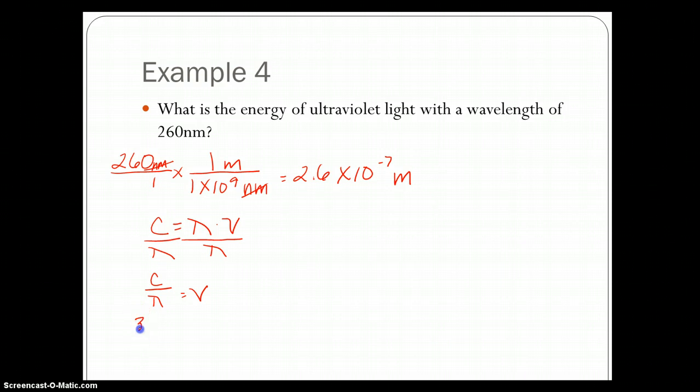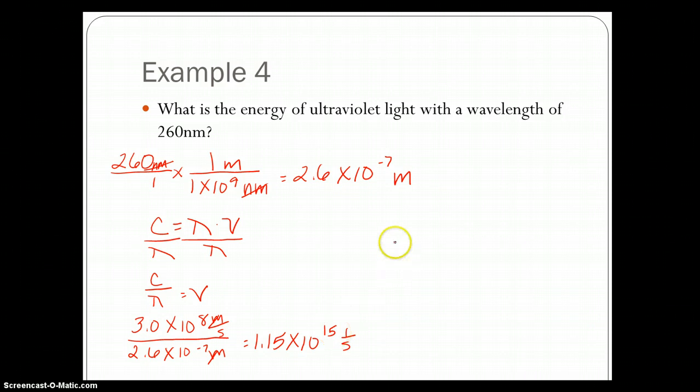We'll put it down here, divided by the wavelength that we just found in meters, 2.6 times 10 to the negative 7 meters. Our meters cancel, and our frequency is 1.15 times 10 to the 15th inverse seconds.